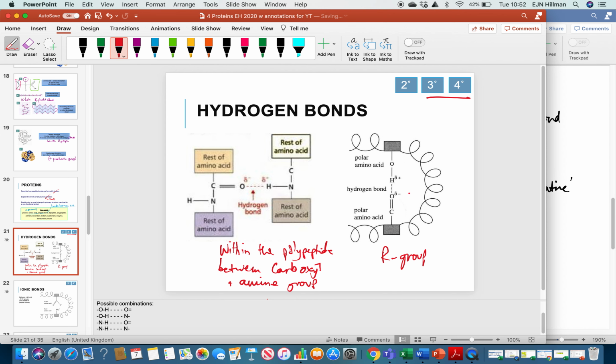So obviously the position of an amino acid and the R group present on that amino acid determines whether or not this hydrogen bond can form. And we'll come back to why that's important later on.